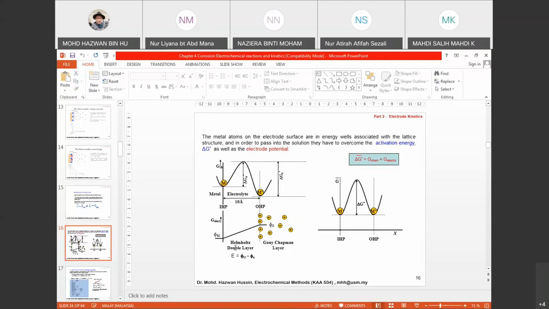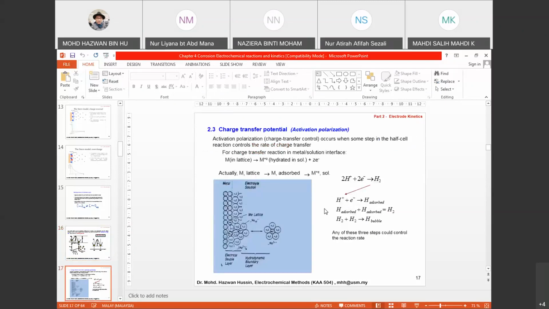If you look at the interface itself, you can see over here that at the inner Helmholtz region on the metal, an amount of energy or potential from the metal to the solution needs to be overcome. So the charge transfer potential is related to activation polarization.